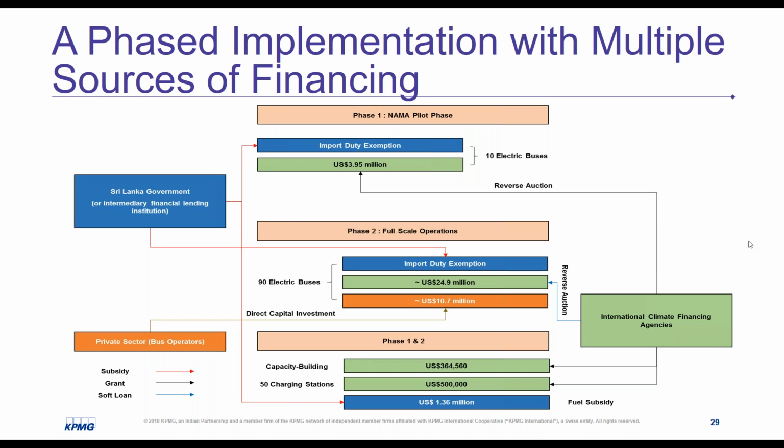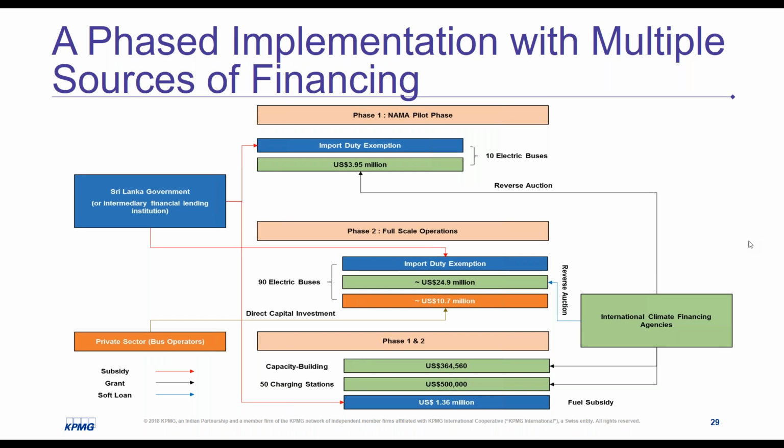So the second phase brought in the government to introduce a reverse auction kind of arrangement in which they invited the private sector to also contribute, which means that we've assumed that a private sector party would ideally be agreeable to spend at least the amount of money that they would spend for a baseline bus, that is a diesel bus.